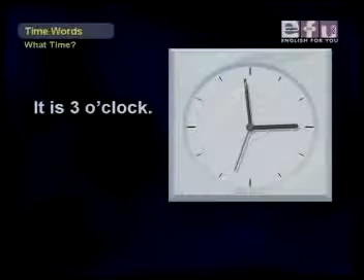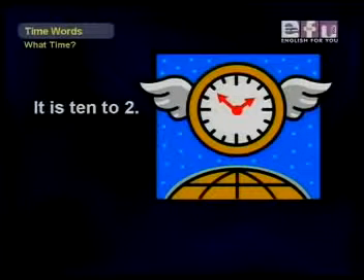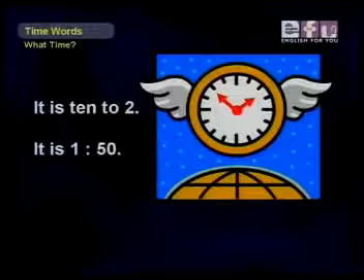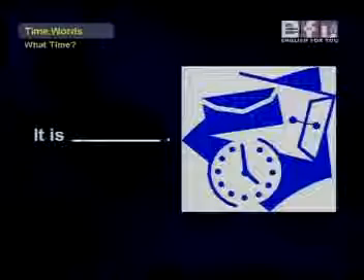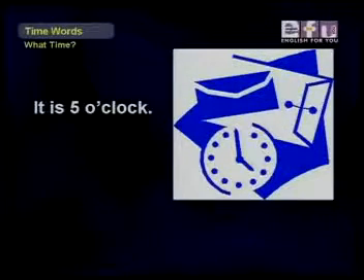Yes, it's 3 o'clock. All right. Good. Now, Ali, for you. It is 10 to 2. It is 1:50. Yes, it is 10 to 2. It is 1:50. Okay, Lisa. It's 5 o'clock. Yes, it is 5 o'clock. Time to go home.